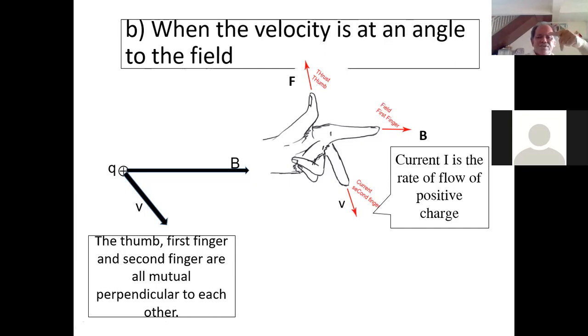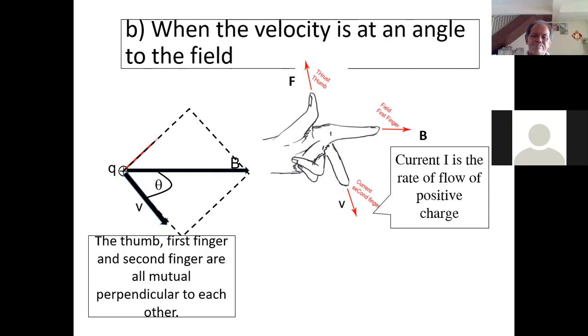So where is it? Up, down, left, right, in, out? That's the force. That's your field, that's your velocity, that's the force. Coming out. Yes, the thumb, so it should be coming out.